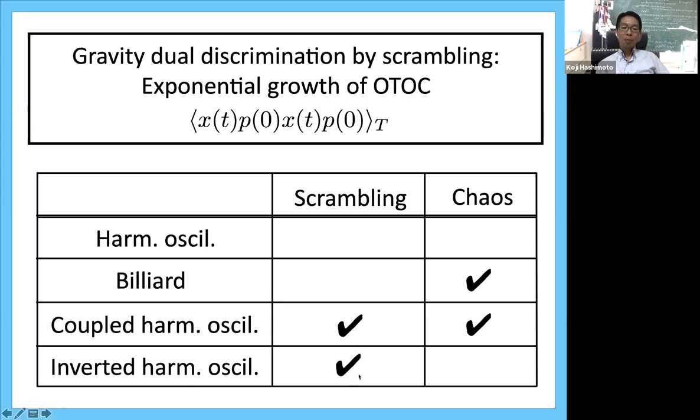Also, scrambling, which is an indication of having a gravity dual, can be made even with the simplest inverted harmonic oscillator. Of course, the temperature dependence is different, so this is not actually a generic way to get a gravity dual. However, we have to be careful that even when we have scrambling, it may be made just by an inverted harmonic potential without any chaos. Okay, thank you very much for listening.